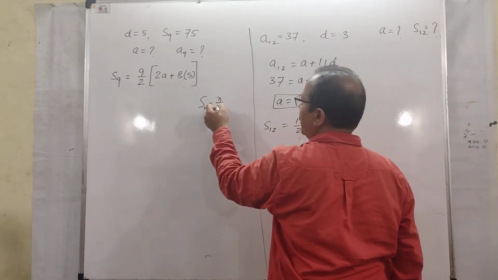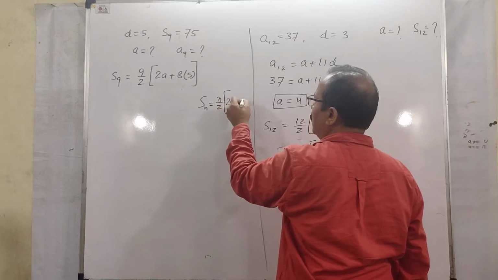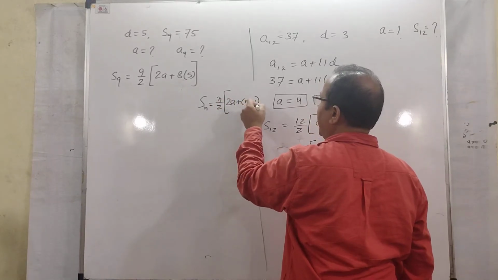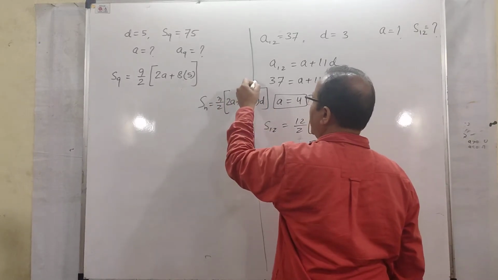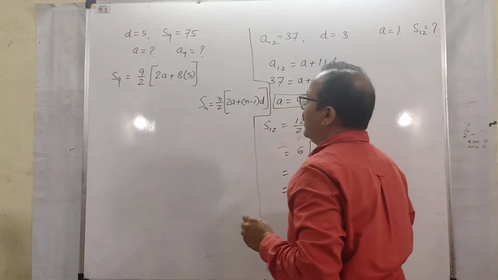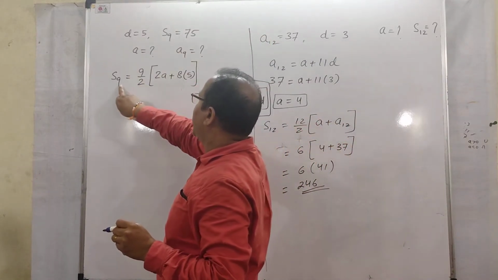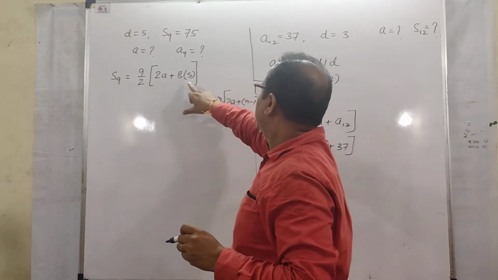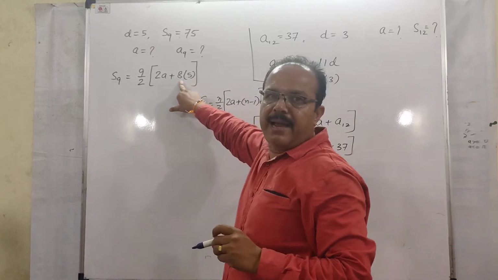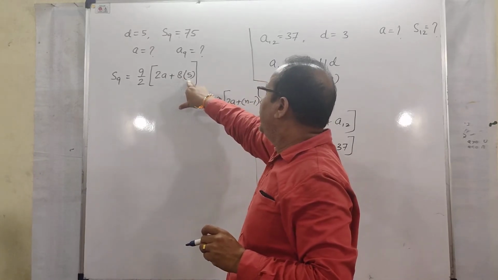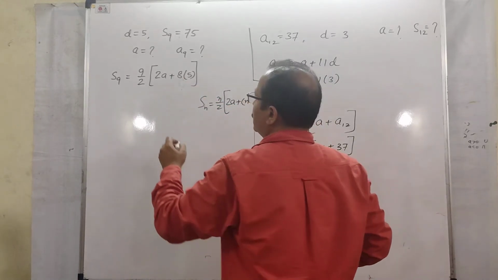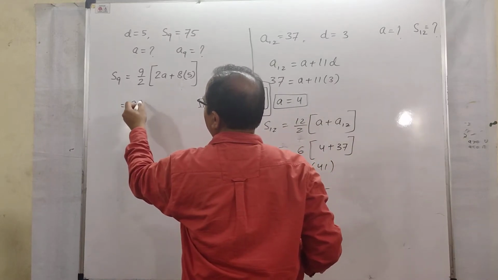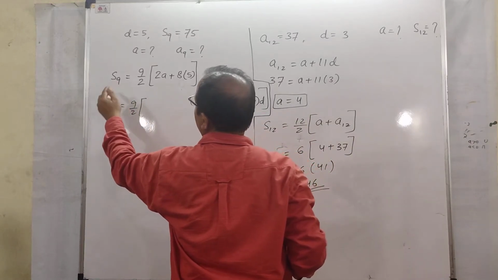Sn is equal to n upon 2 into (2a plus (n minus 1) into d). This is the formula which I am using here. n upon 2, S9 we are calculating. So 9 upon 2, 2a plus (n minus 1), 9 minus 1 is what? 8 into d. D is what? 5. So it is 9 by 2 into... S9 is also given, 75.